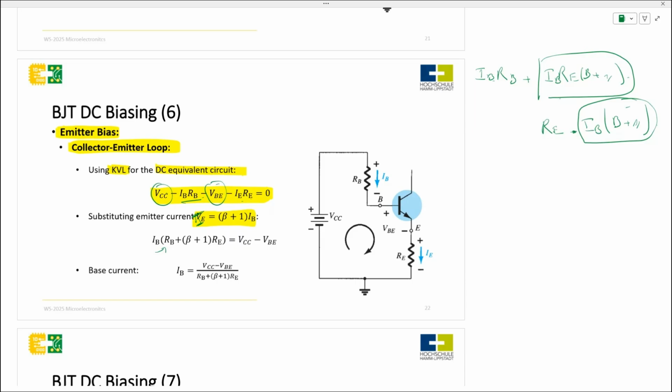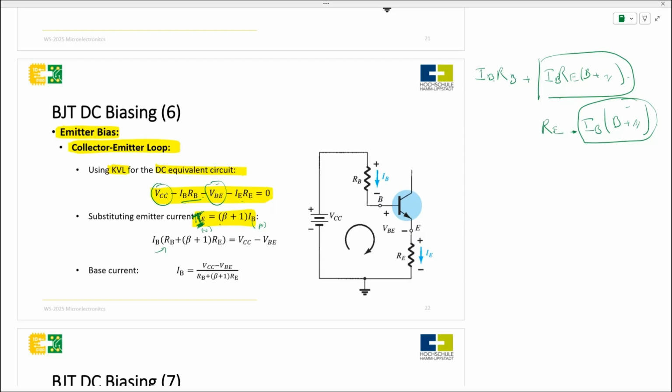I don't need to check this. This is a mistake here. This is an IE. That makes sense because here we have a volt, and here beta plus 1 is just a number, it doesn't have a dimension. Here we have an ampere. A voltage cannot equal an ampere unless it is multiplied by resistance.